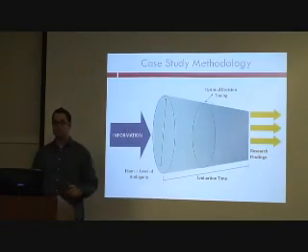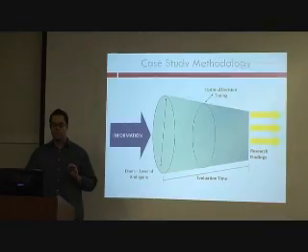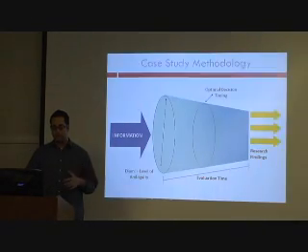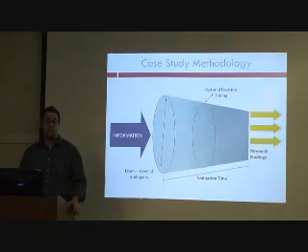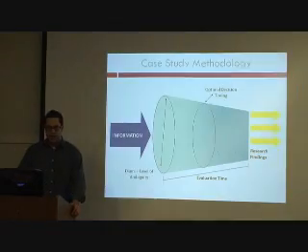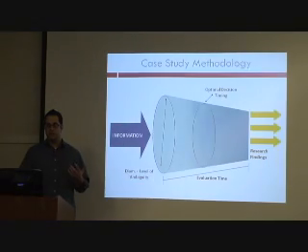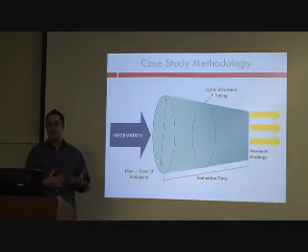So what I wanted to do with this slide here was graphically depict how each individual evaluated their case study or the Web 2.0 applications that they chose to evaluate. As you can see here, it's somewhat of a funnel shape with the larger end having a level of ambiguity, meaning that, for instance, with an IM application, you have many different IM applications that do essentially the same task.